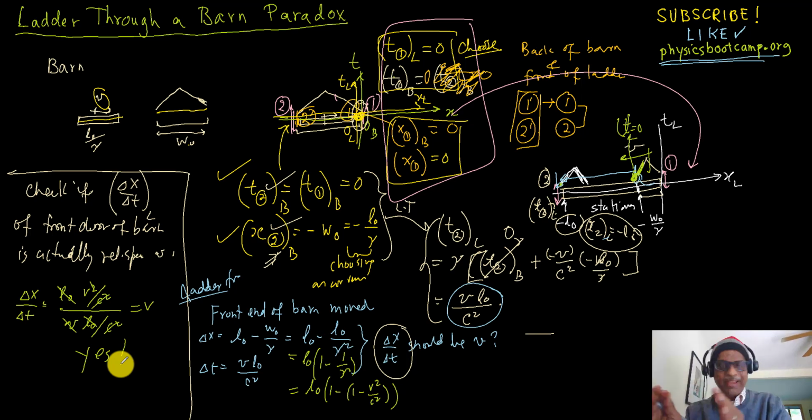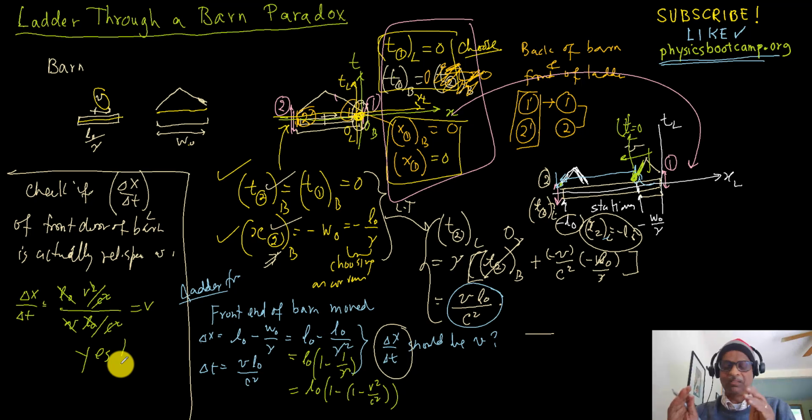The physical phenomenon is the same. The ladder actually fits in the barn, but the main thing is the ladder is able to make it through the barn even when the ladder is longer than the barn. The confusion is, if it fits, what happens to the fitting?